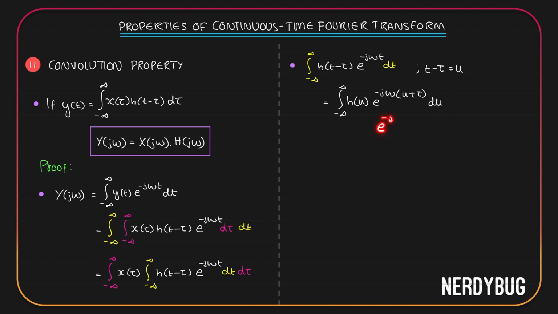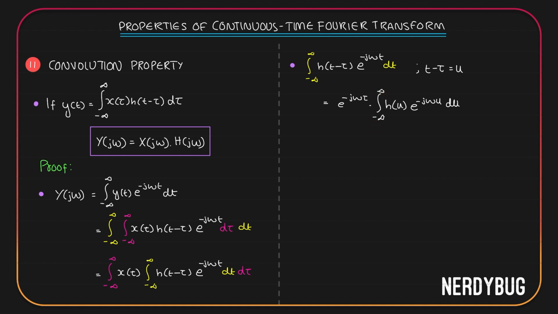We can split this into two. It will be the product of e raised to minus j omega u and e raised to minus j omega tau. Now the integration is based on the variable u, so e raised to minus j omega tau can come out of the integral. Now we got the integral from minus infinity to infinity h of u e raised to minus j omega u du. u is the variable to which we are going to give the limit minus infinity to infinity, so it doesn't matter what we call it.